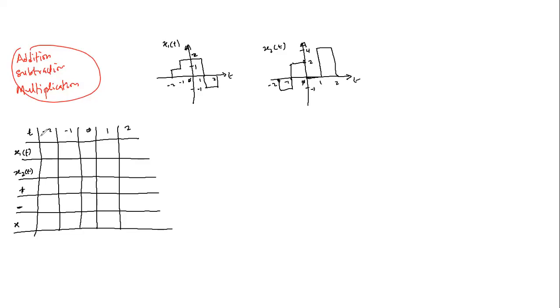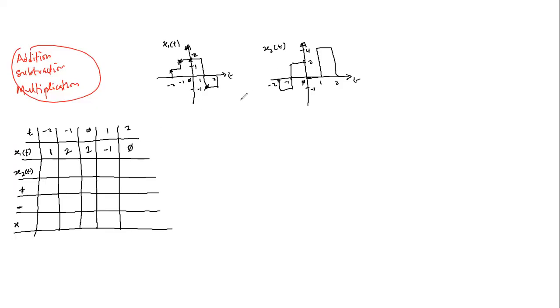So at t equal to -2 for x1 of t, the amplitude is 1. Then at t equal to -1, the amplitude is 2. Then at t equal to 0, the amplitude is also 2. And at t equal to 1, the amplitude drops to -1. Then at t equal to 2, the amplitude is 0.